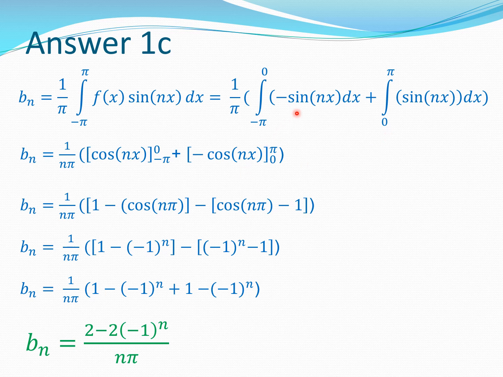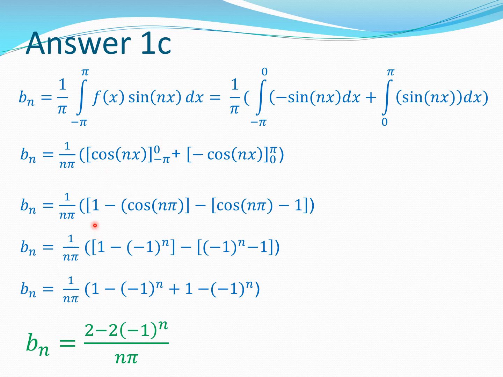Now we know the integral of sin nx is going to be minus cos nx by n. So the sign changes here, the sign changes here, the sine becomes cos, and we divide this entire thing by n. Of course we have to look at the bounds of this cos nx function between 0 and minus pi.